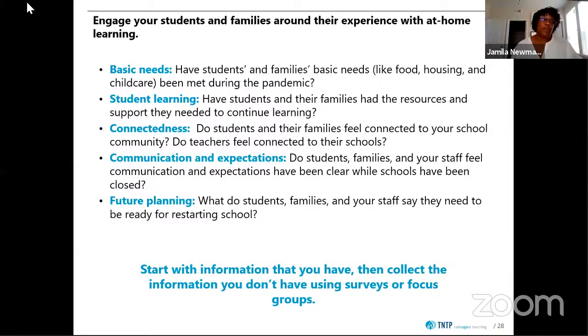I think sometimes we often prioritize our most at-risk students, but I've had several of my colleagues and friends say, I haven't heard from anybody, and they are not typically seen as students or families that may be at risk. So during this time, it's important that we're really trying to reach out and connect with all parents, not just parents or families that we're most concerned about.